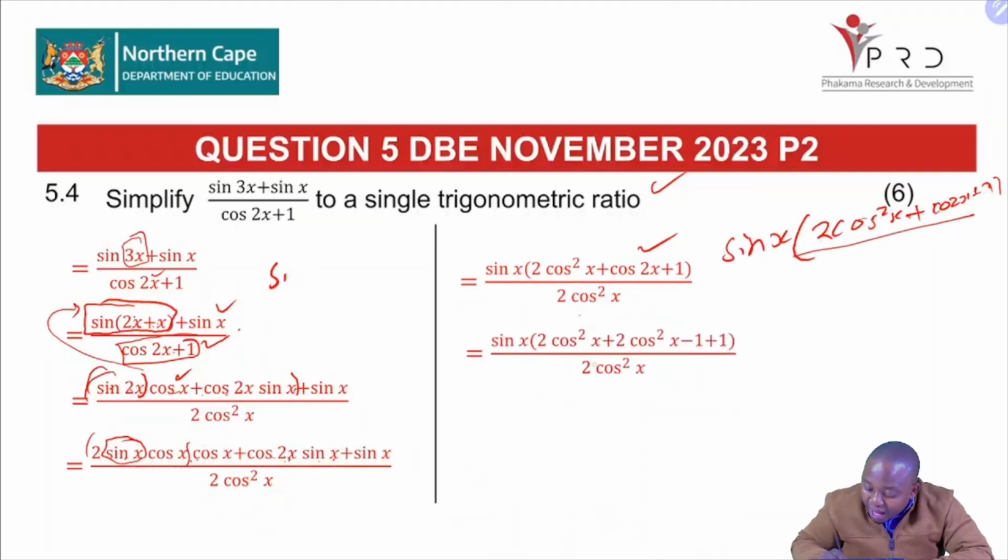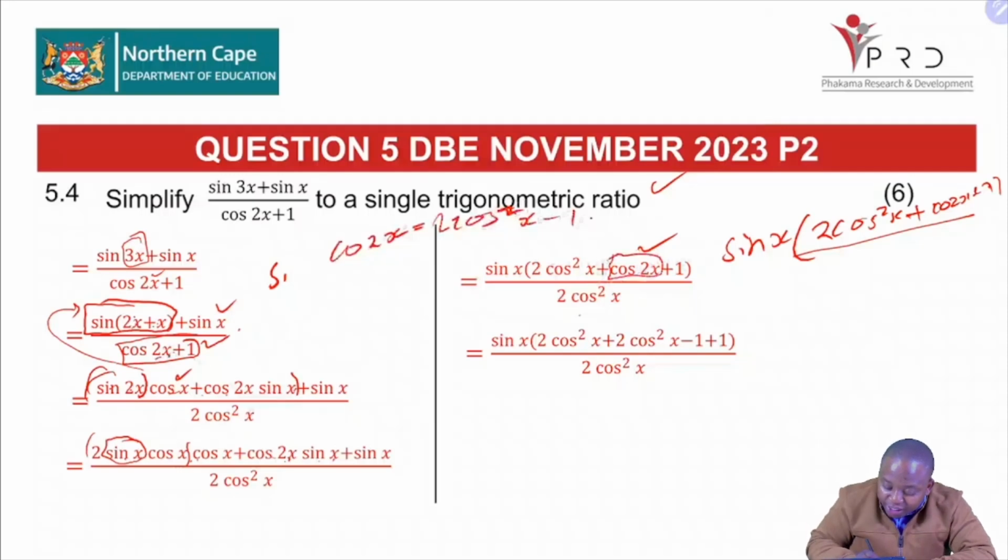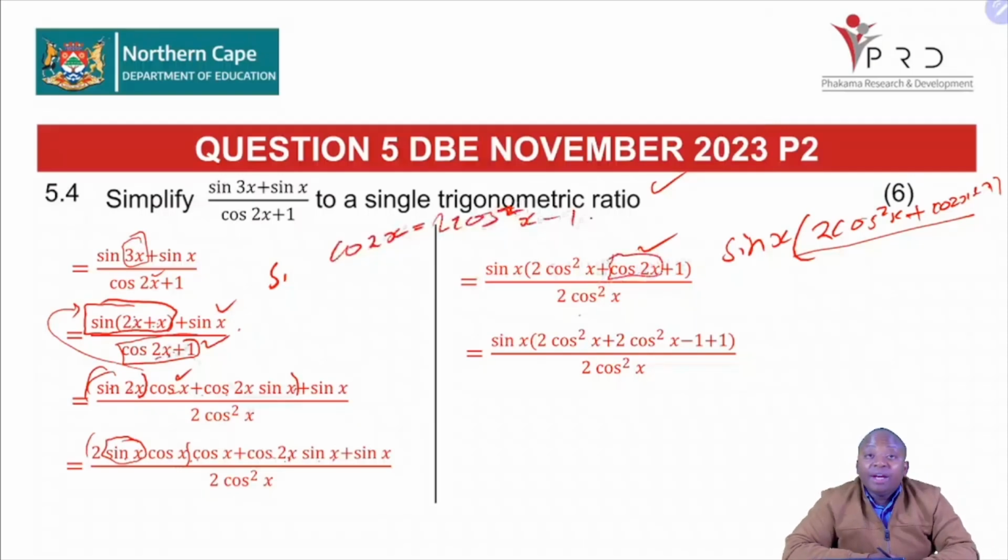Then from here, I can convert this double angle of cos. When I convert the double angle of cos, remember, cos 2x is actually equal to 2 cos squared x minus 1, which is actually what I dealt with here, and the 1 and 1 will be subtracted out.